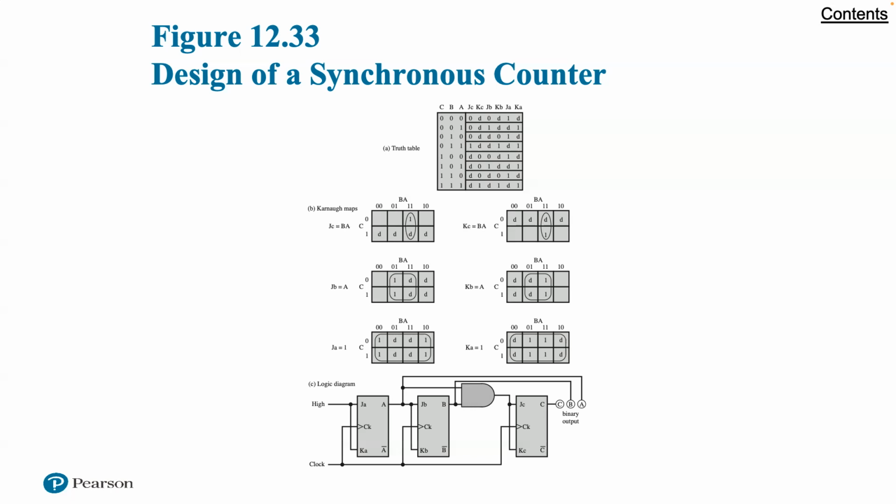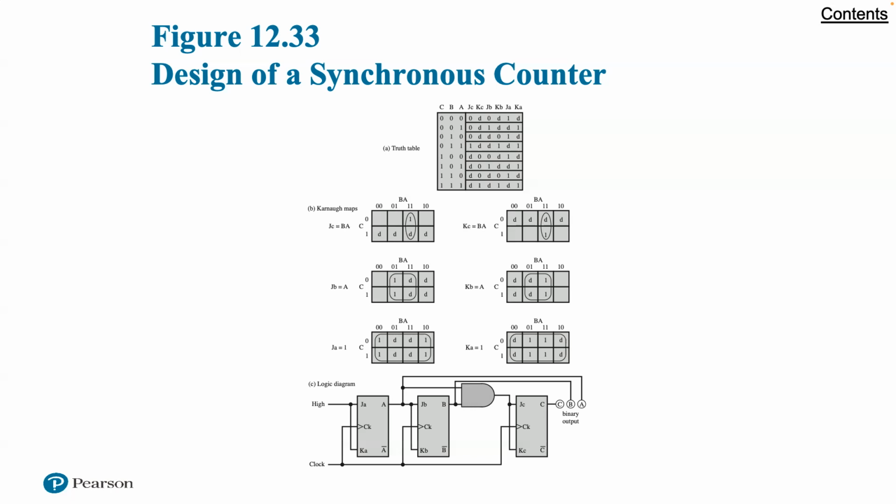Well, let's consider more the figure 12.33A. Consider the first row. We want the value of A to remain 0, the value of B to remain 0, and the value of C to go from 0 to 1 with the next application of the clock pulse.